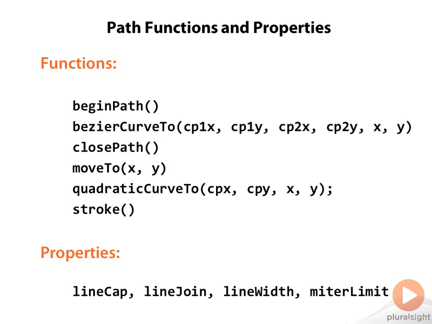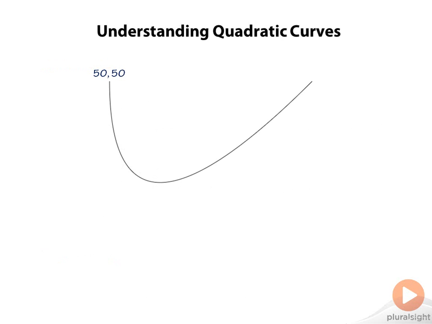Now the same type of things apply. We can provide line caps and joins and widths and those types of things as we're drawing these different shapes onto the canvas. So here's an example of the quadratic curve, and it's a little bit simpler because you define a move to point, and you're going to give it 1 control point down here, and then you'll give it the final point, the x and y coordinate, and it will automatically round between these points.